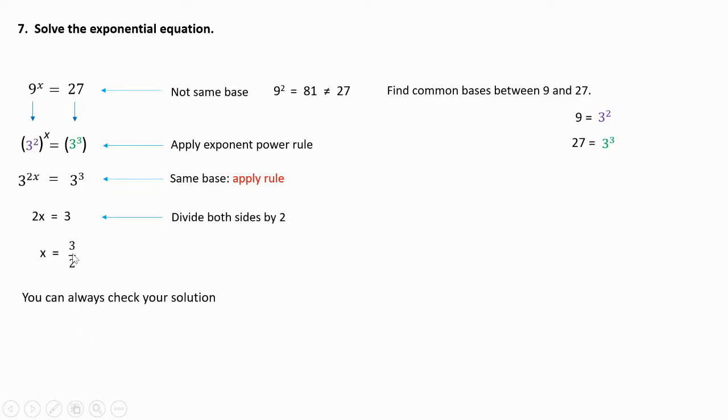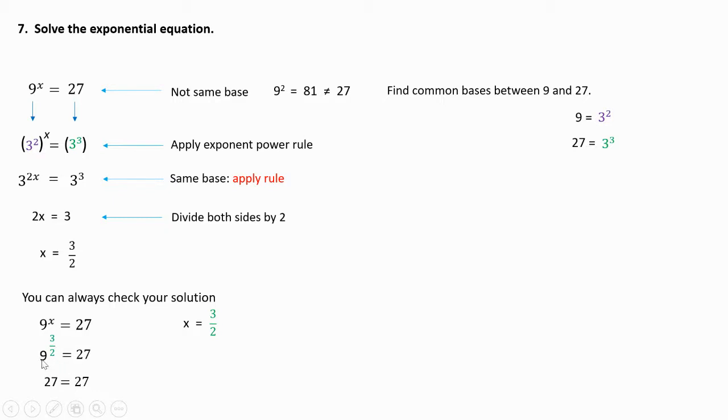You can always check your work. How can you check it? By plugging in 3/2 for x back into the original. So 9 to the 3/2 equals 27. You can plug this in the calculator, but you have to be real careful that when you plug in a fraction, you put it in parentheses. Or there's another way to get the answer, but I believe it's in my other PowerPoint.